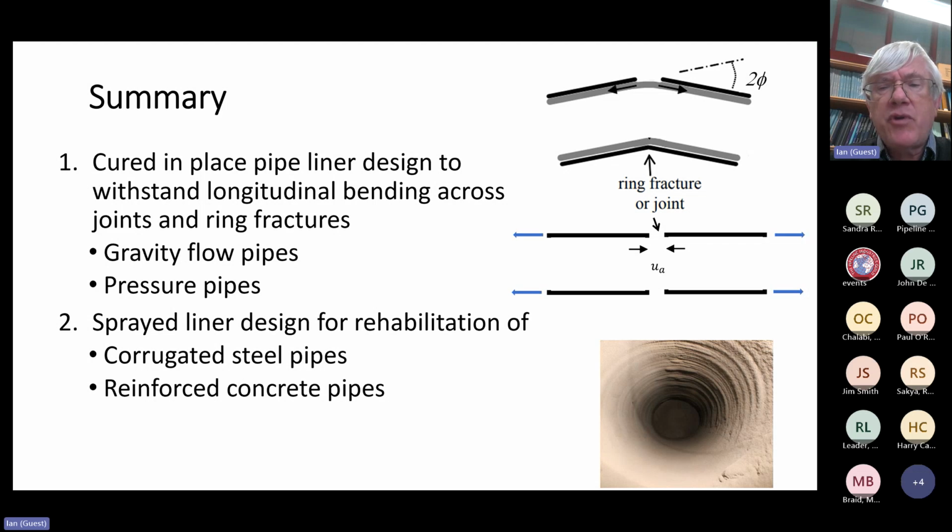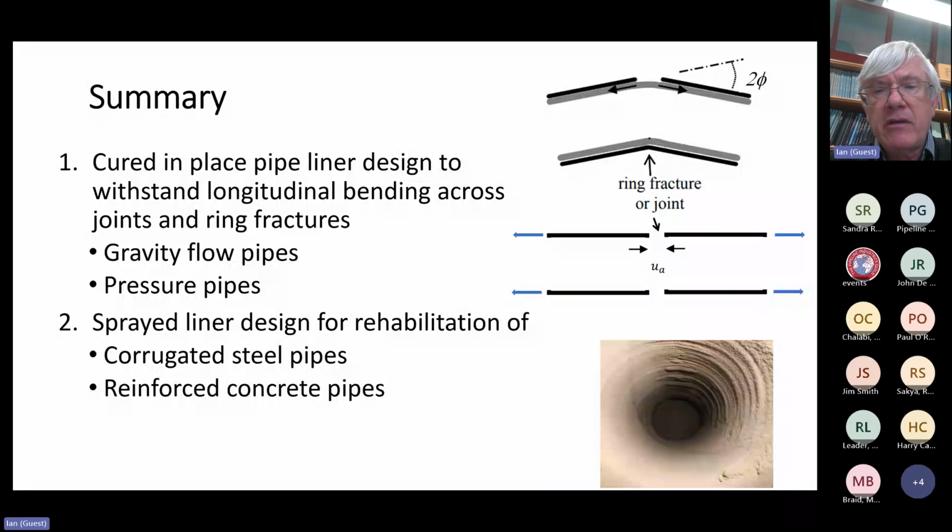And I've had some projects in the last 10 years looking at protecting existing pipe systems, in particular cast iron water pipes and concrete sewer pipes and clay sewer pipes, from ground deformations associated with tunnelling.